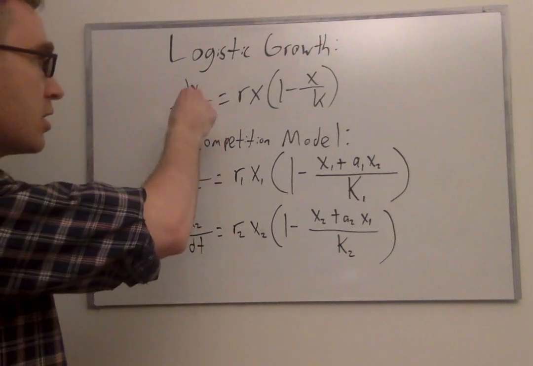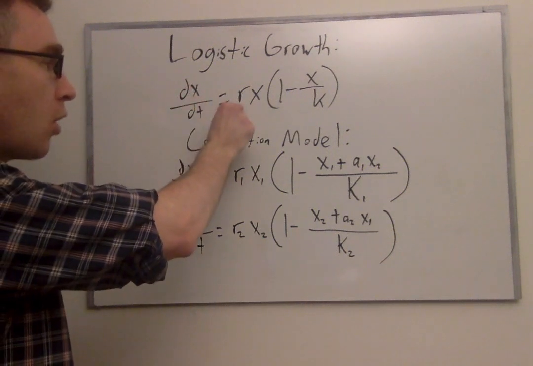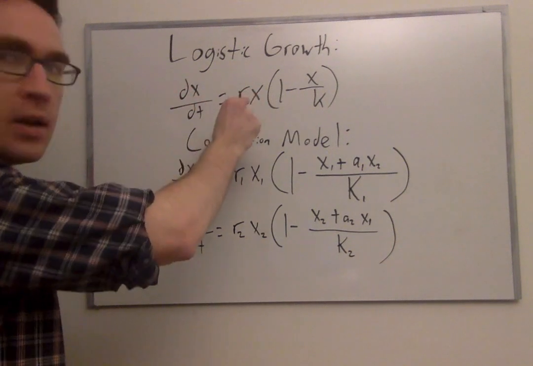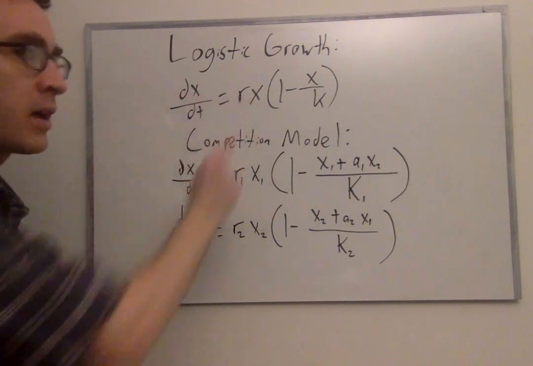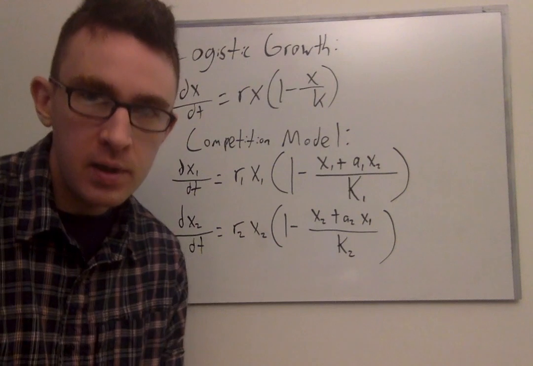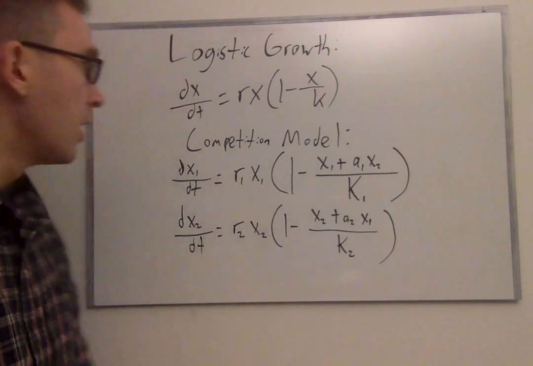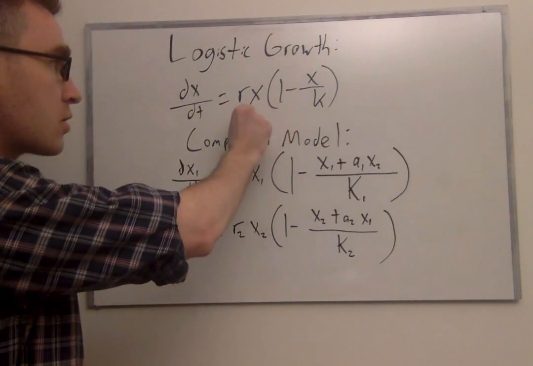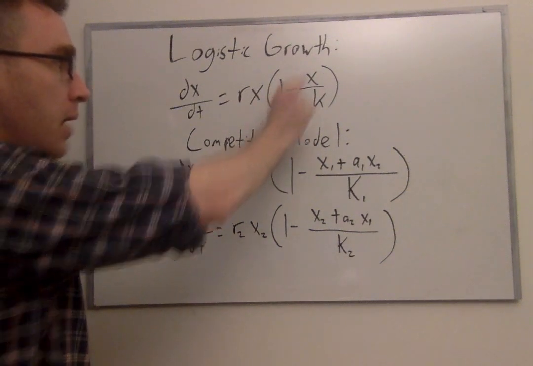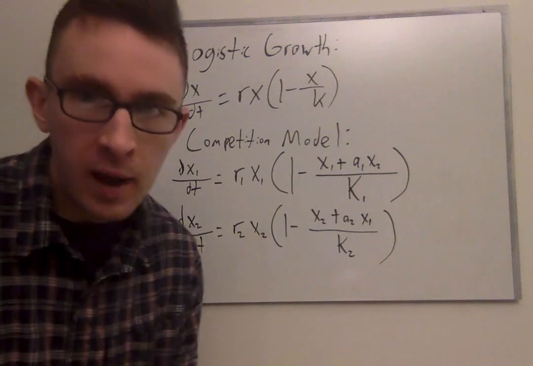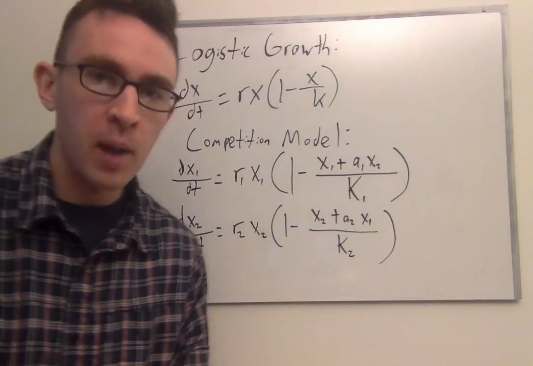But the basics is we have some growth rate r multiplied by x. If we just had dx/dt equals rx, then the population would be in a state of exponential growth. But what we actually have is this term here, which is 1 minus x over k, where k is the carrying capacity of the population.